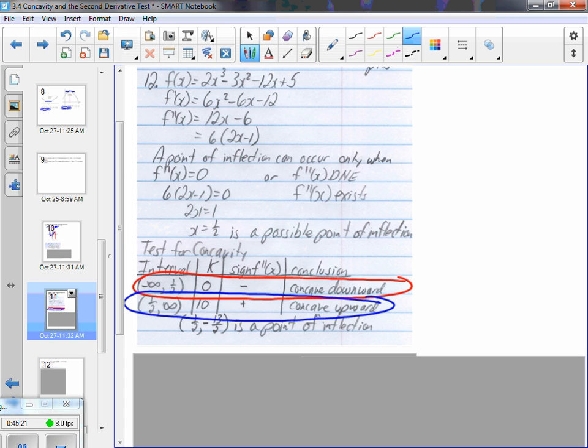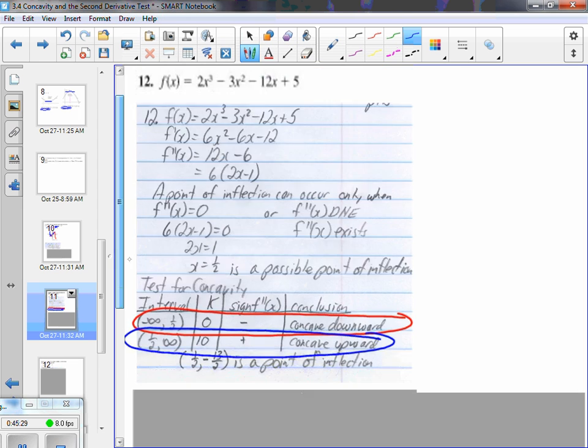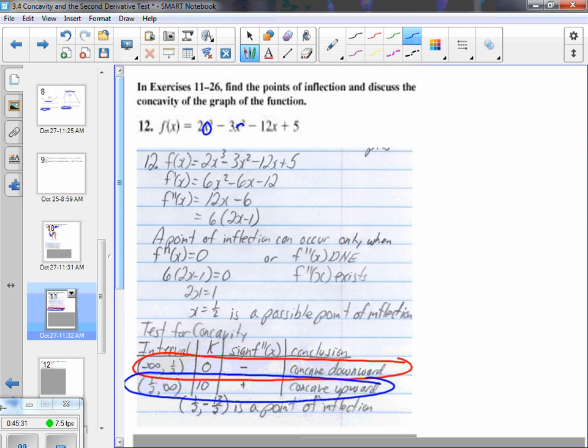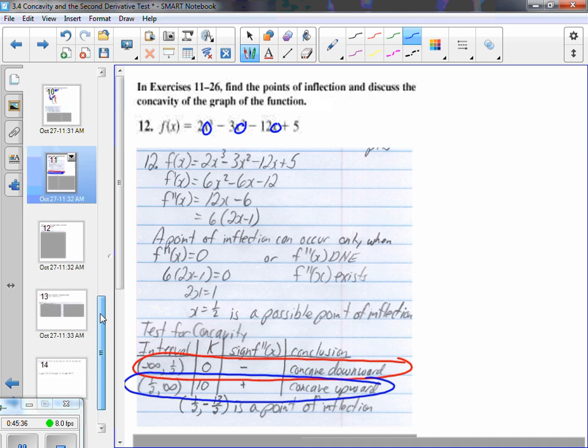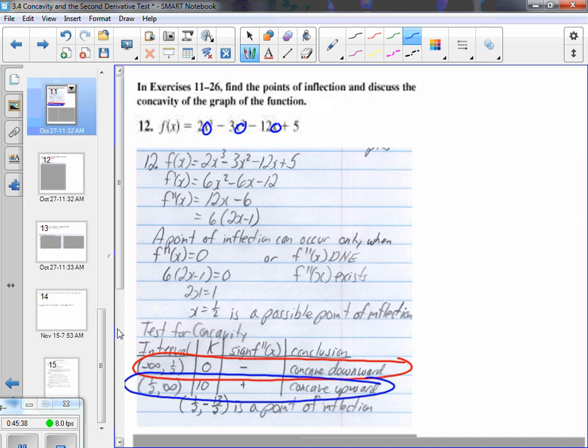Okay? So discuss doesn't necessarily mean write sentences. Well, you see how I got the 1/2? Take the 1/2 and plug it in there, there, and there. Okay? All right. Any questions?